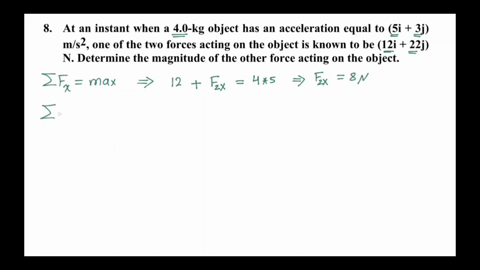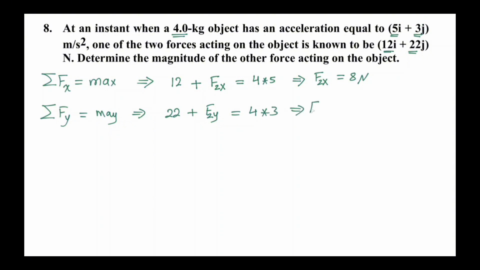Now sum of all forces on y equal to m AY. In other words, F1 on y is 22 plus F2y, which we are looking for, equal to 4 times 3, the AY acceleration being 3.